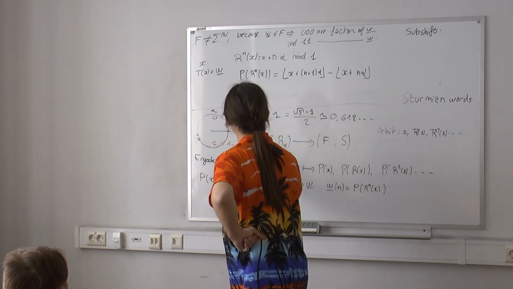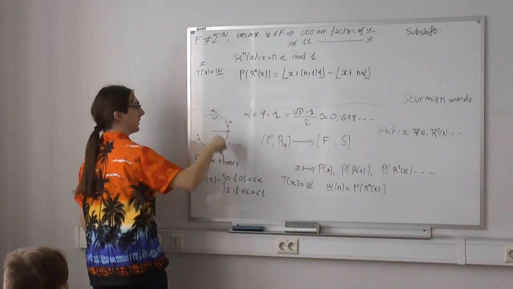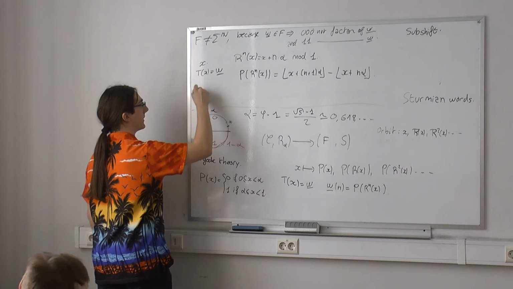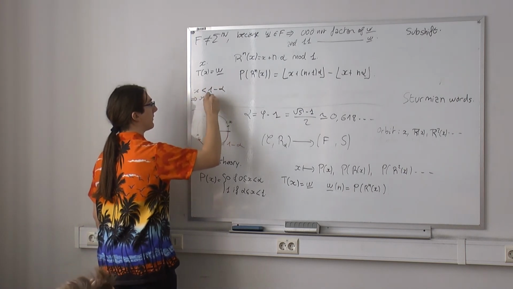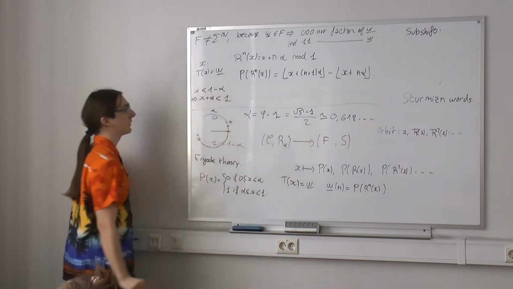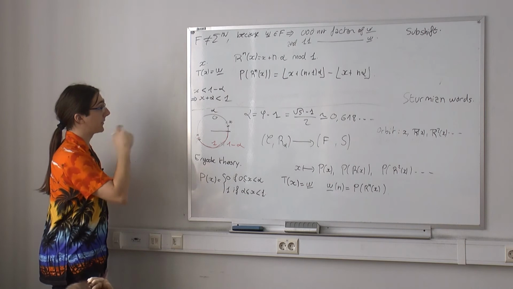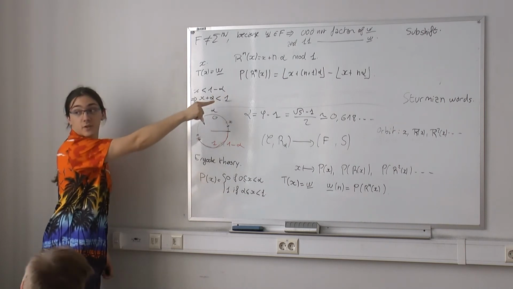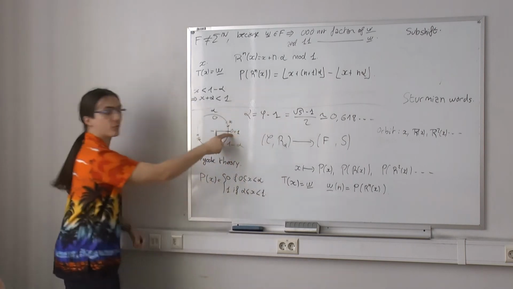I think you're right. The computation here is, we can try to calculate it actually. Because here, if I have x less than 1 minus alpha, it implies that x plus alpha will be less than 1. Just you add alpha on each side of the equation. And here is the point 0, which is also the point 1.